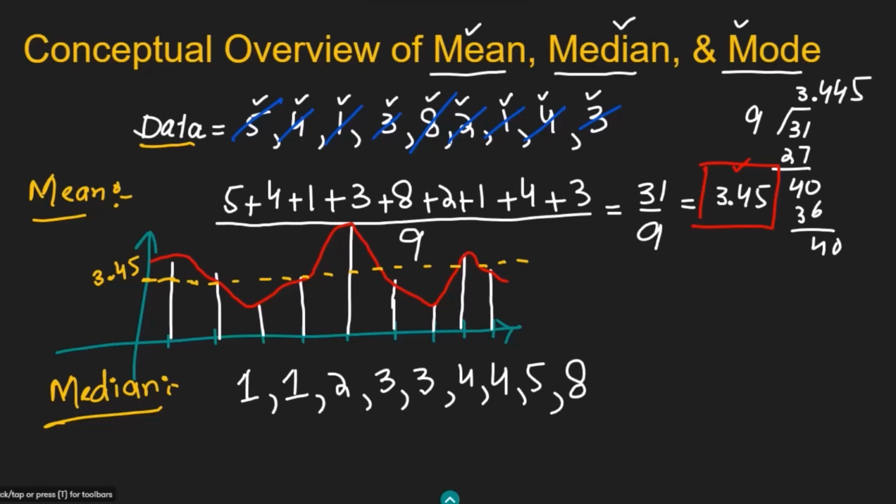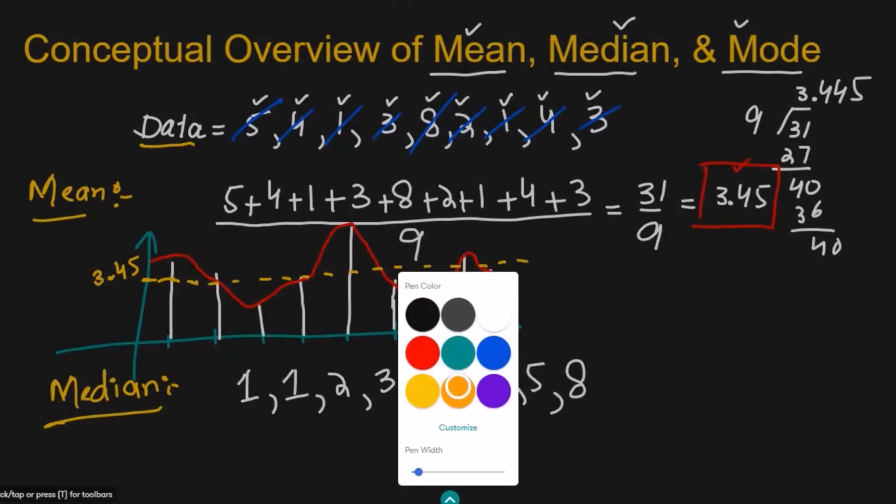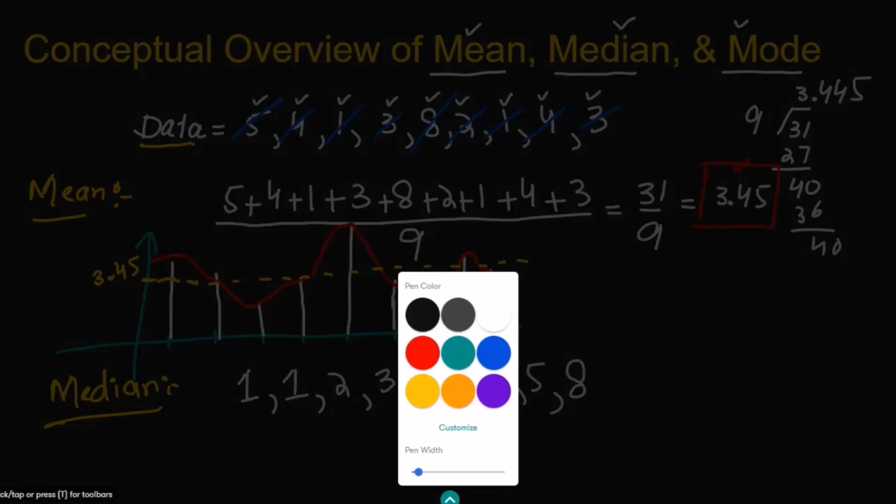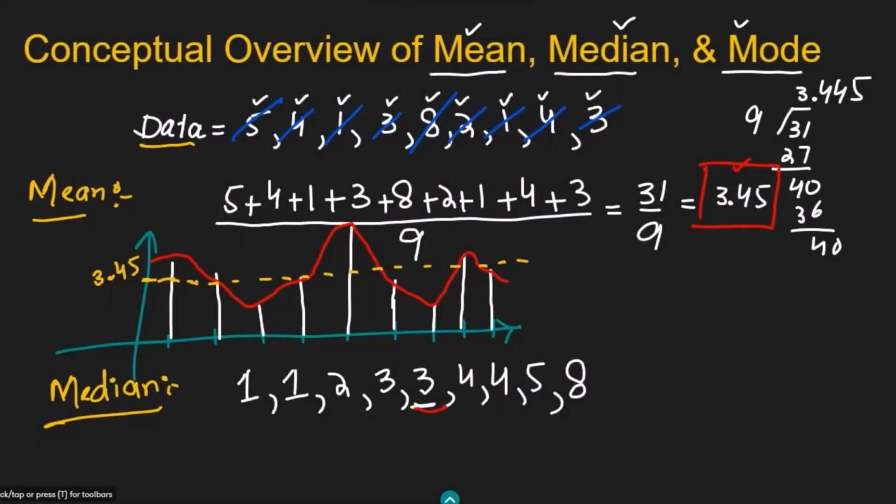So this is basically the mid value, and we can see that there are 4 values here. Let me use another color, red. So we can see that this is 3, and 4 values are at the left side of it, and there are also 4 values at the right side of it. So this 3 is called the median value.